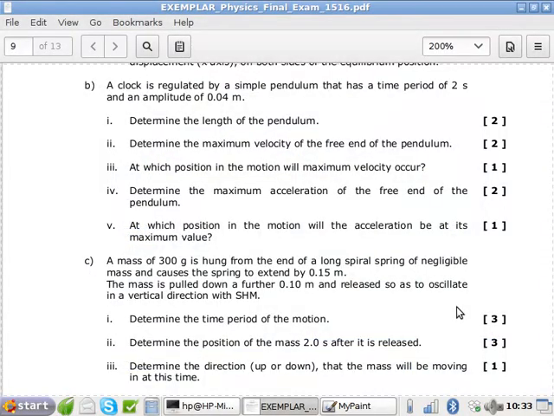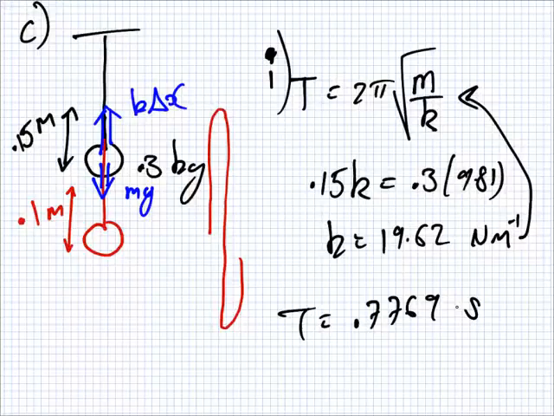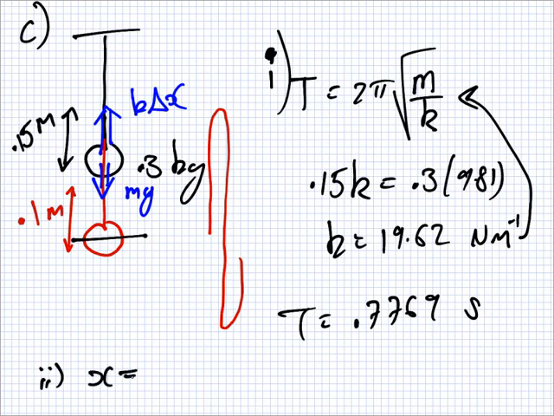Find the position after 2 seconds. So it starts here, I assume, and it's heading up. What do I need here? Cos or sine? Cos. And we'll call down positive and up negative, okay?